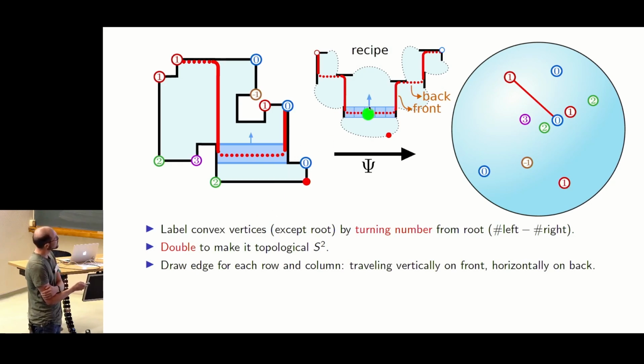What I need to do is note that if I have a row, it separates the disk into 2 parts, and one of those parts will contain the root of the disk. So this gives a natural transverse orientation to the row, in this case upward.